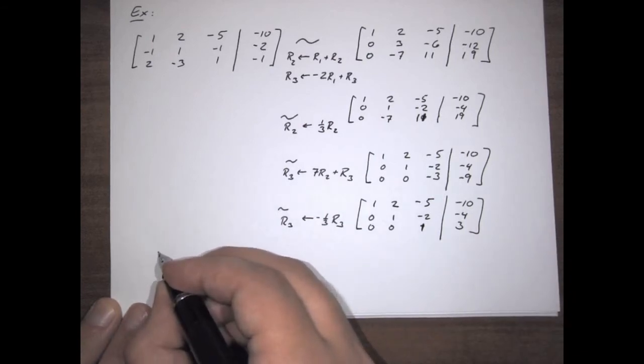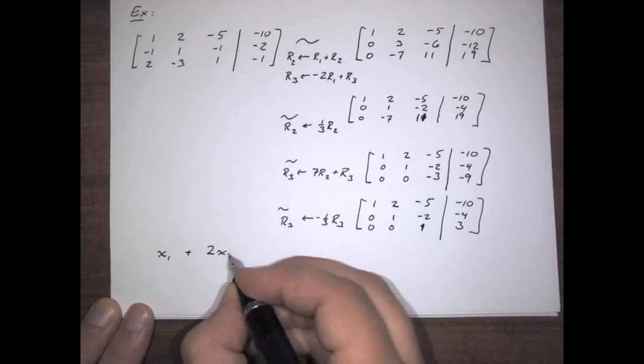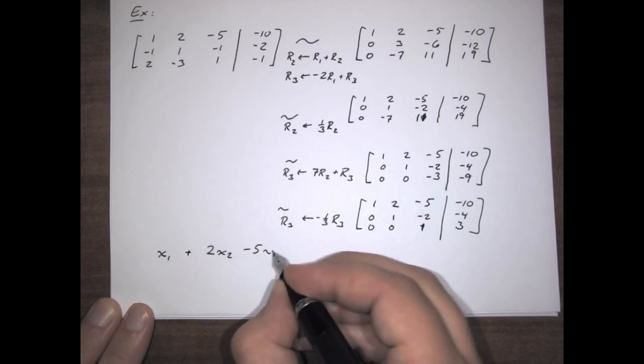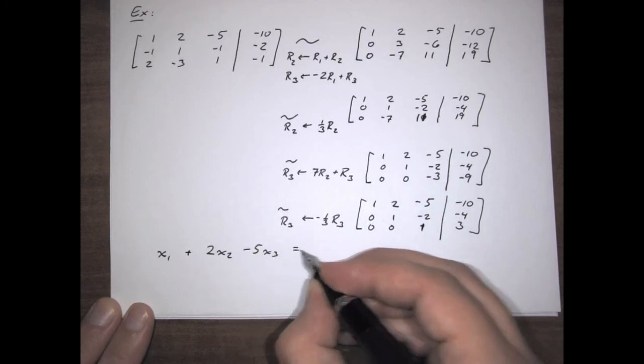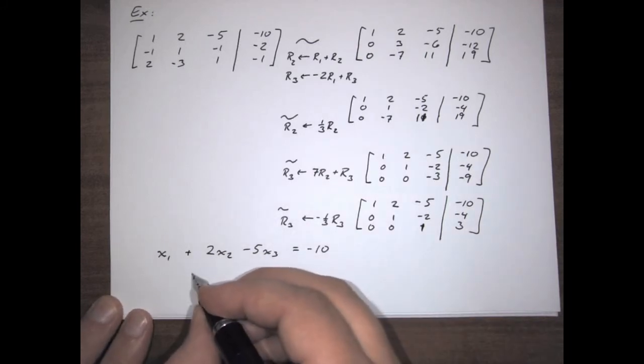So back to equations, we'll have x1 plus 2x2 minus 5x3 equals -10. No great surprise there. That's not so helpful. It's in fact what we just started with.